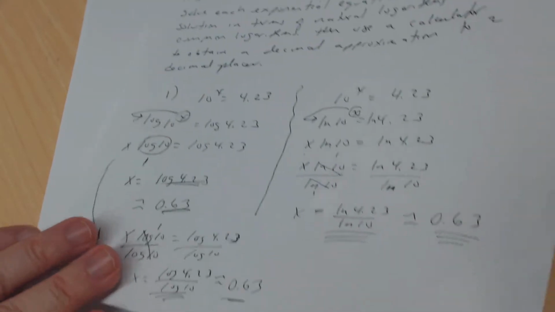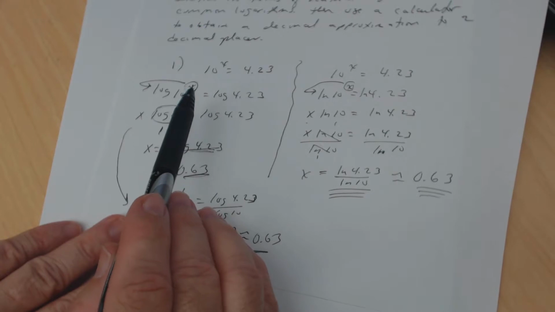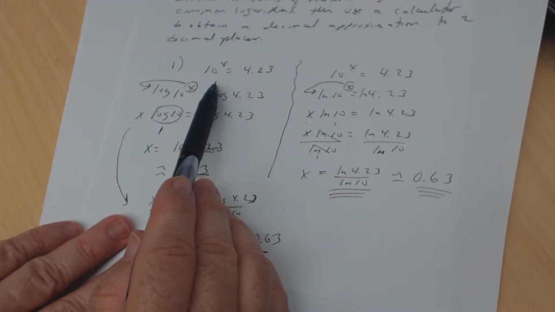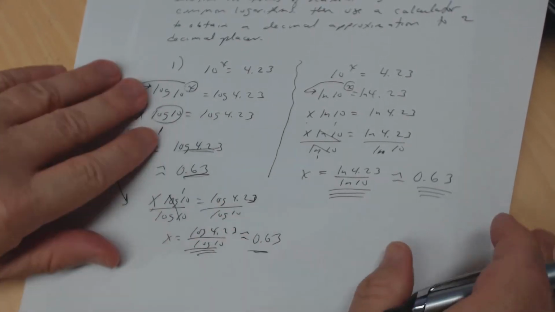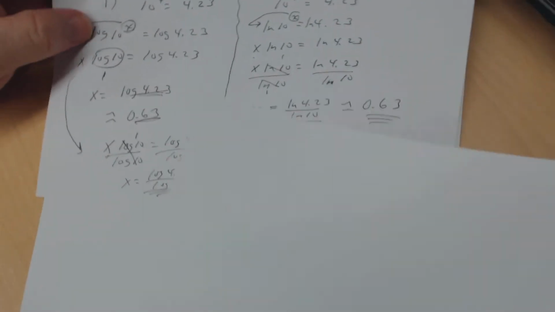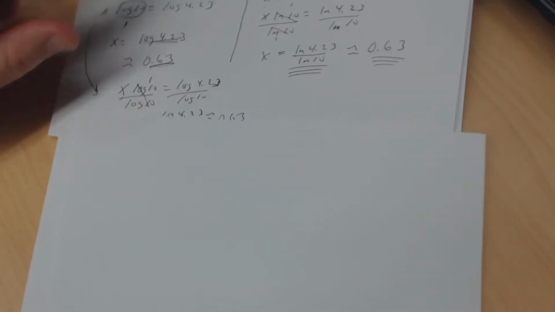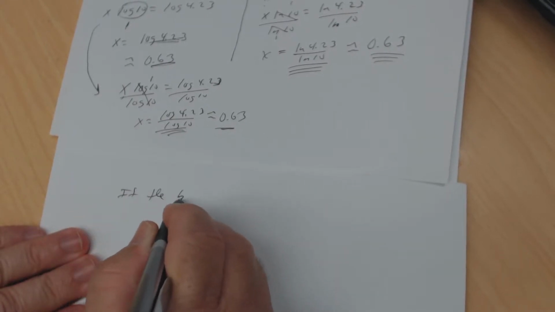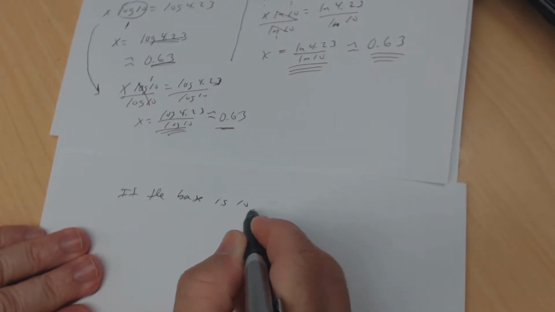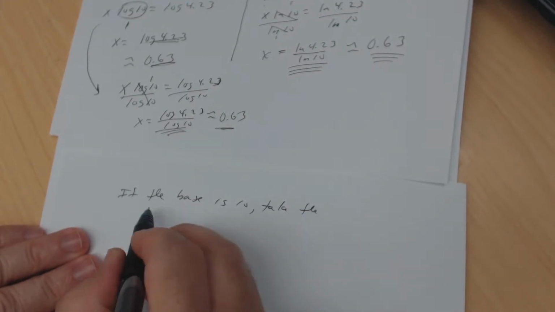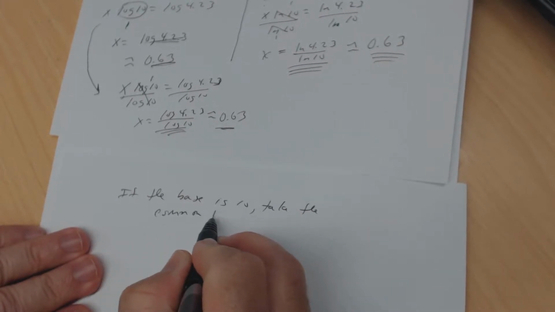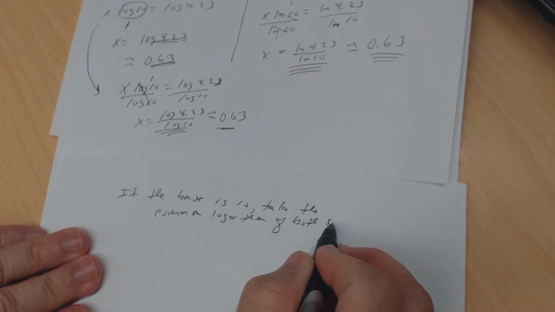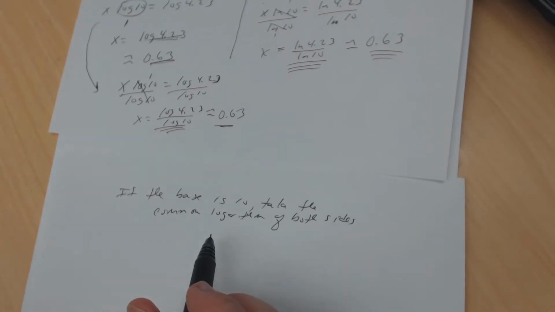Okay. Now the point is this. This is what you really should always remember. If the base is 10, take the common logarithm of both sides.